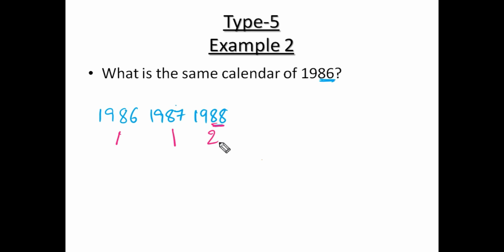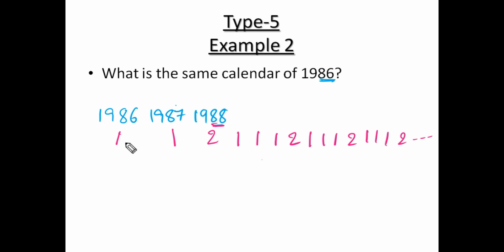From here onwards, we know very well that every fourth year is a leap year. So 1, 1, 1, 2. Next 1, 1, 1, 2. And so on. Here add digit by digit and stop at multiples of 7.